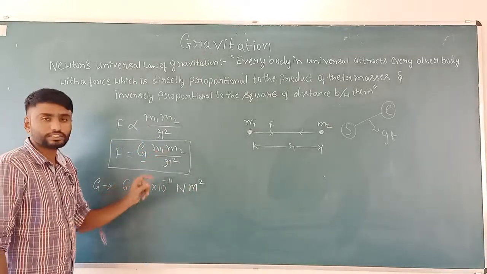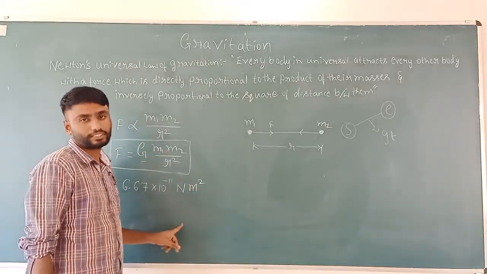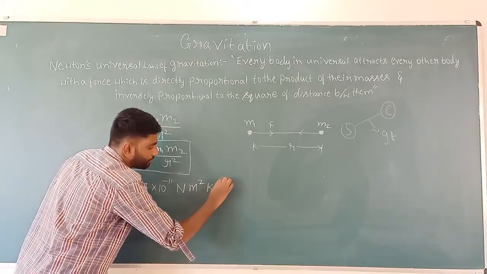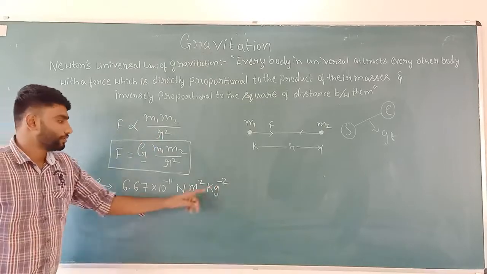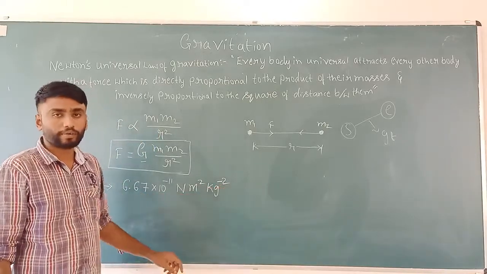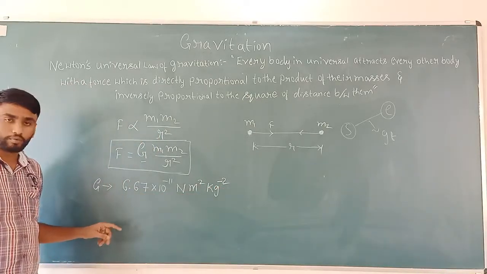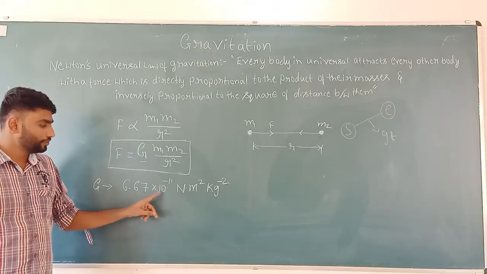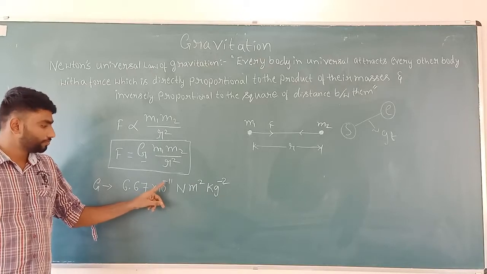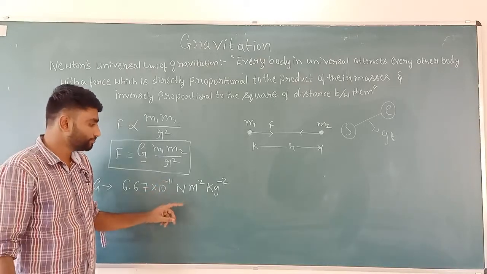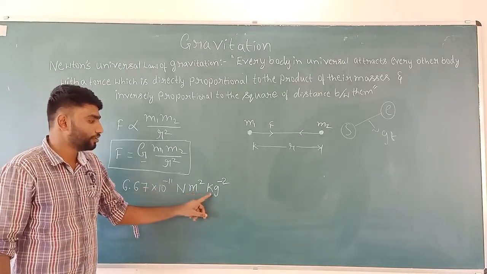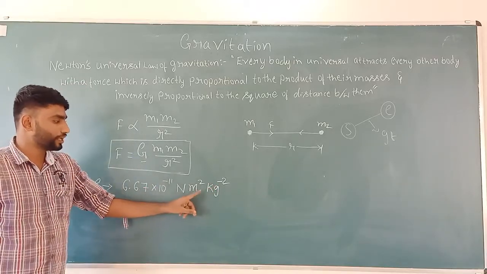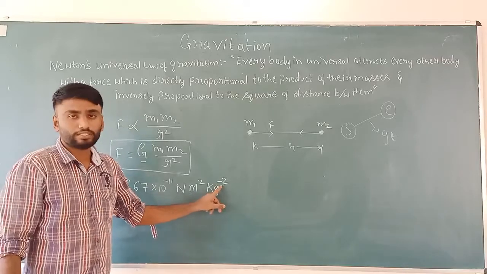Masses are measured in the SI system in kg. So G equals 6.67 into 10 power minus 11 N m square kg power minus 2.